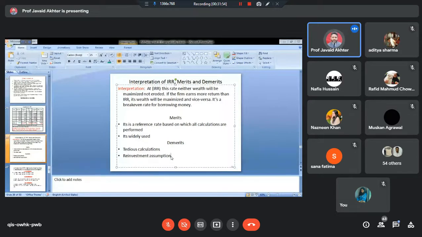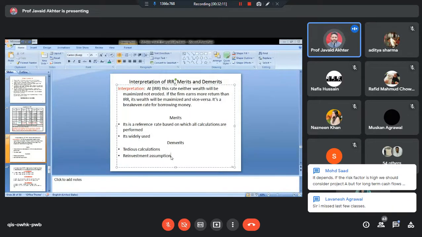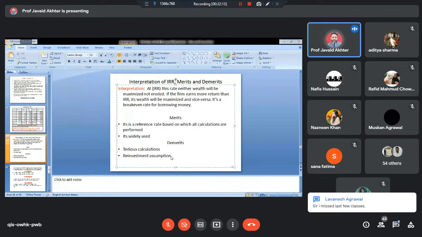Can you think over it, or do you need some help? Let me give you a clue, just one step of help. How do you calculate compound interest? You all know how to calculate compound interest? Yes, sir. Okay, try to apply the same concept and tell me what the reinvestment assumption is.